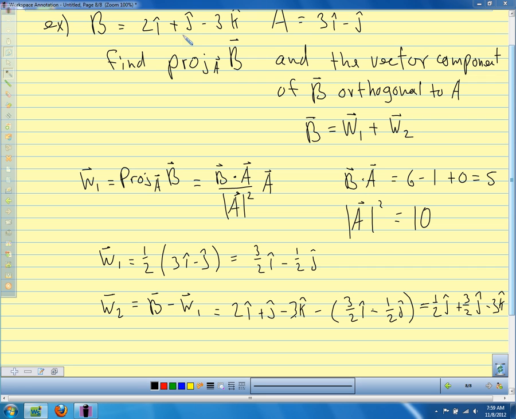Vector algebra, which is really what we're doing, was developed by Josiah Gibbs, a mathematical physicist at Yale, in the 1870s.